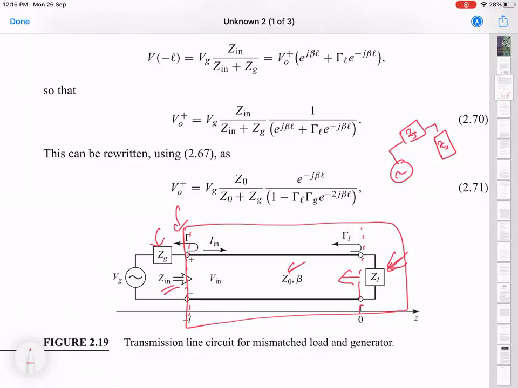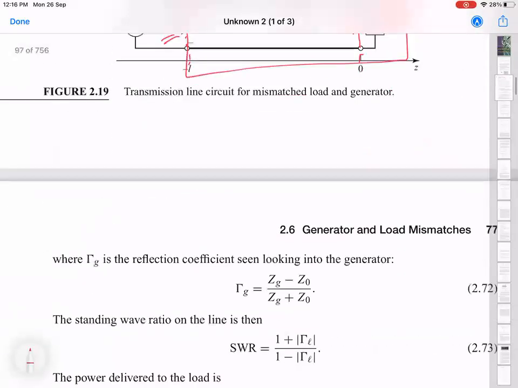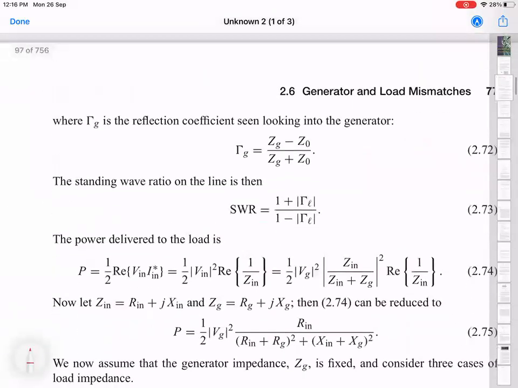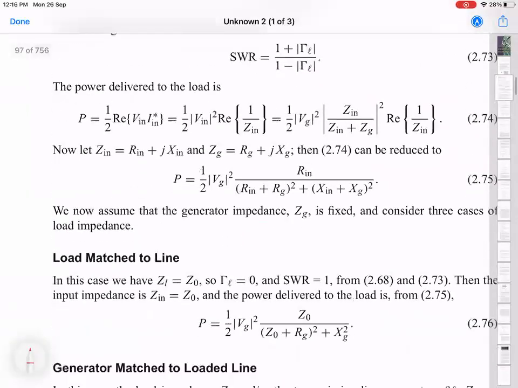We will analyze such scenarios in a lot more detail later on, when we look at examples of experimental setups where we use concepts of microwaves to make measurements, and how to worry about different aspects of this. You can go through this section, which does some calculations on power delivered and things like that.